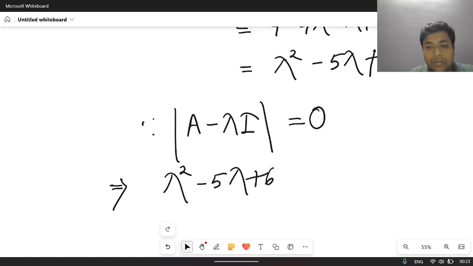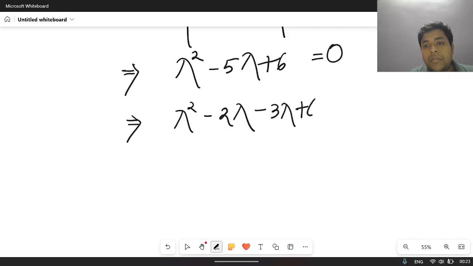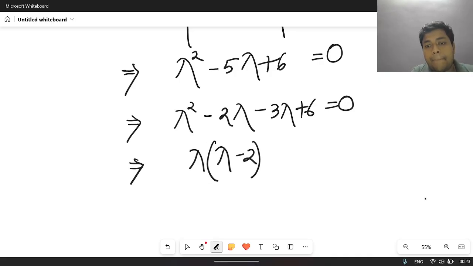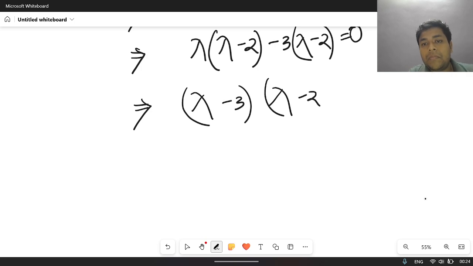Okay, so here we can solve it and we get two values, 2 and 3.